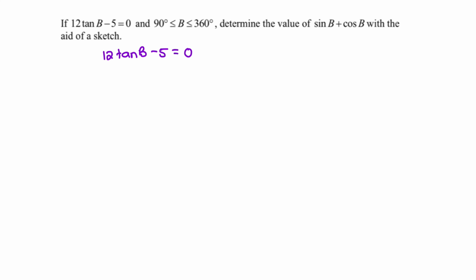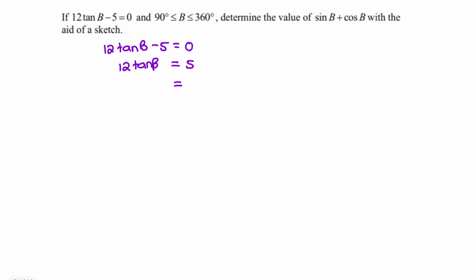What you can do is rewrite that equation to isolate tan. So I move the 5 to the right hand side, so 12 tan b is equal to 5, and therefore tan b would be equal to 5 over 12. So this gives us information about a triangle.